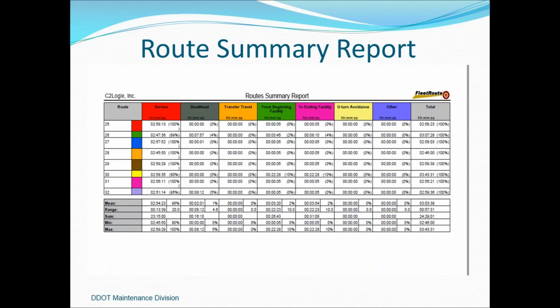The routes or trucks are down the left side, and then it's showing the breakdown of time instead of a bar chart like on here. So you can see that we didn't have any time in there for transferring anything. We didn't use U-turn avoidance. That's really something the cities use to avoid left turns.